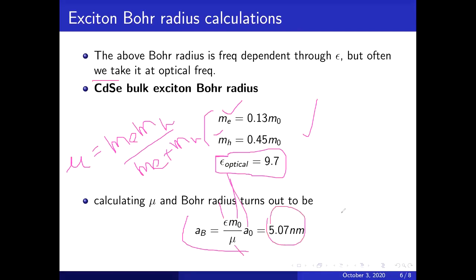5.07 nanometer, or 50.7 angstrom. A crystal of this size can show us nano-like properties due to this particular exciton.